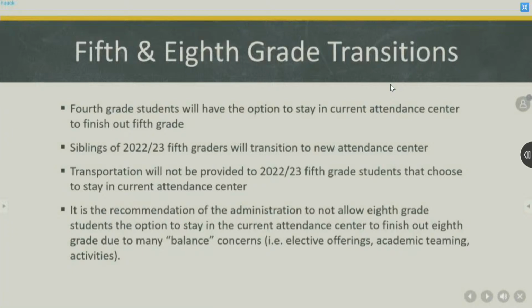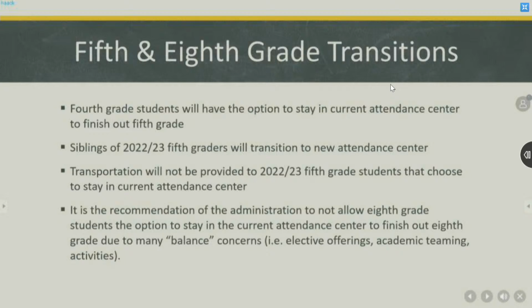However, if you're a family and you have a 4th grader and a 2nd grader, as an example, we would say that the 2nd grader moving into 3rd grade is going to the attendance center. But if a 4th grader moving into 5th grade wants to stay, you can do so. Transportation will be the priority of the family, not provided by the district.